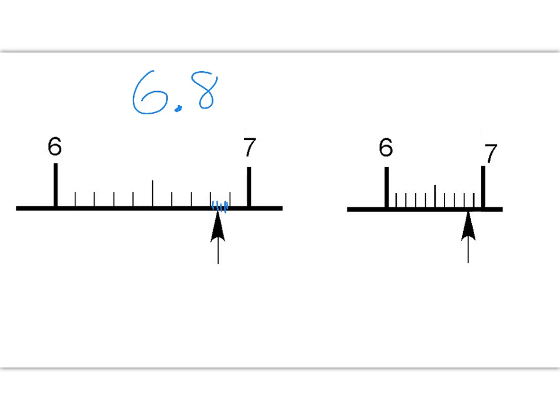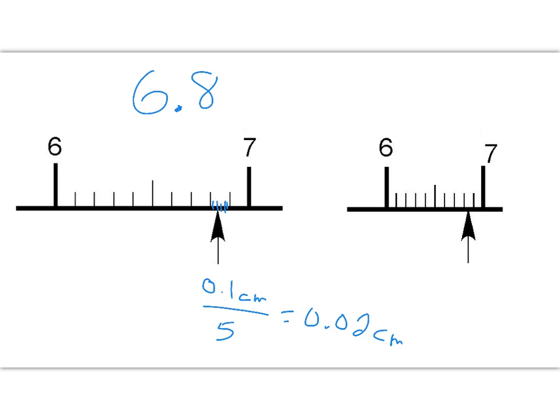Now, the one thing you have to be careful of here is that that distance is 0.1 centimeters, and it's been divided up 5 times. So each of those lines is going to be 0.02 centimeters. Okay, so it's that difference here. That's 0.1 centimeter.